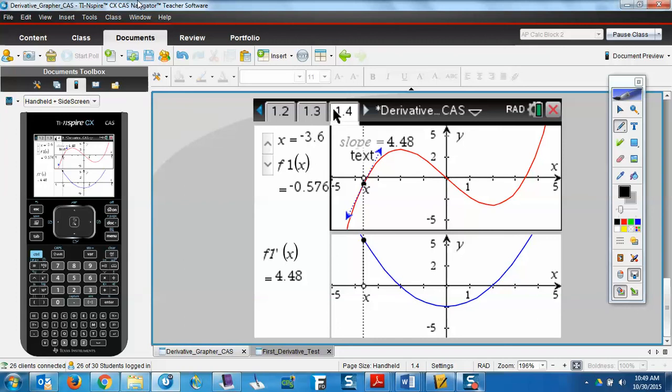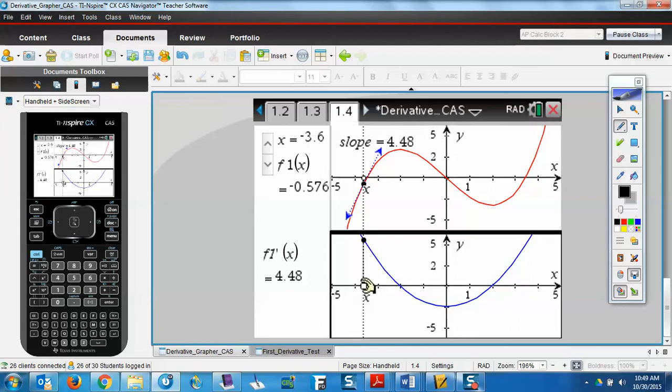Now let's see if that holds true all the time. So let's slide this along, all the while that f prime is positive. F prime is positive here, right? F prime's positive here. F is still increasing up there, right? Let's keep sliding it. F prime's positive, f prime's positive. F, meanwhile, is increasing this whole time.